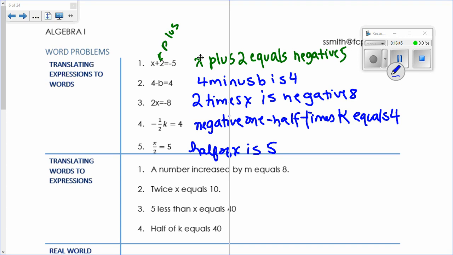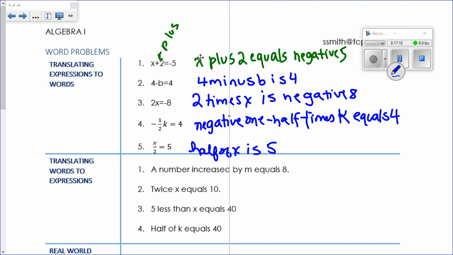Do the bottom 4. Take a minute. When you're translating to words. So, do number 1 on the board.